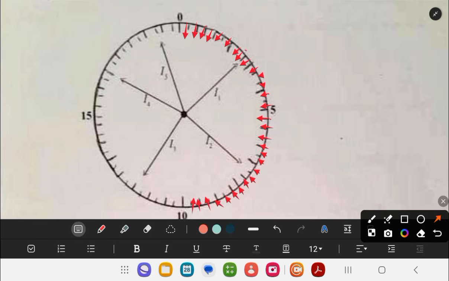This question looks very unique. Realize that the readings in between them are not even uniform. 1, 2, 3, 4, 5, 6, 7, 8, 9, 10, 11, 12, 13, 14, 15. So we got 15 over here.